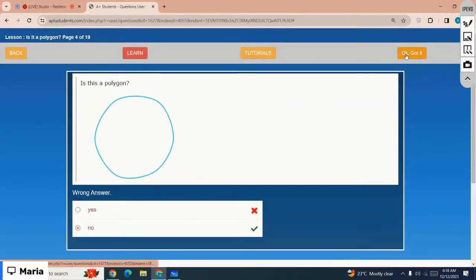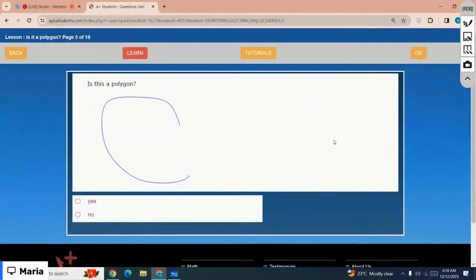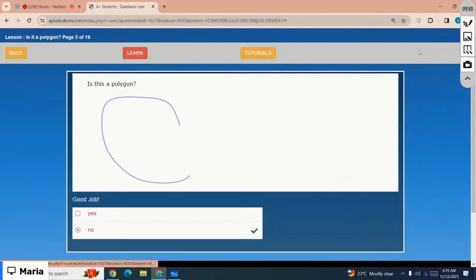Although it is closed, but no, not polygon, right? Is this a polygon? The correct option is no, this isn't a polygon.